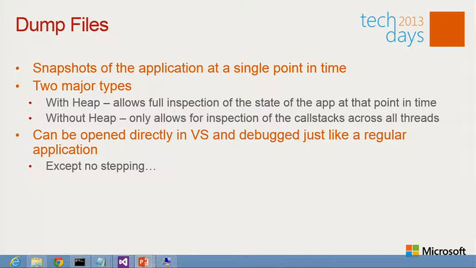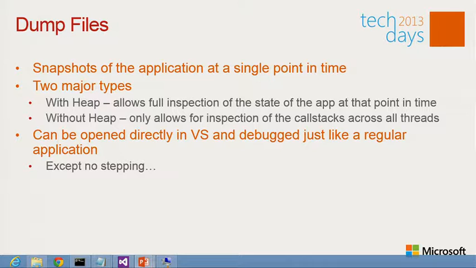Okay, so I talked about IntelliTrace, which gave you sort of a longer historical view of what your app has been doing. But one alternative to that is using dump files to diagnose your issues that are happening in production. So a dump file is just a snapshot of the application at a single point in time.